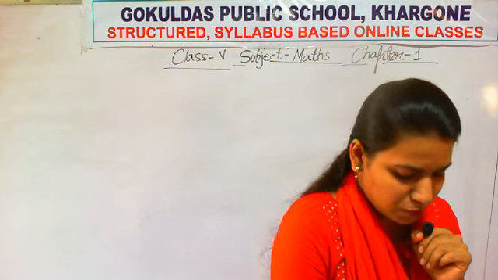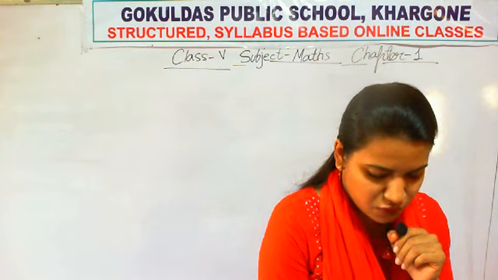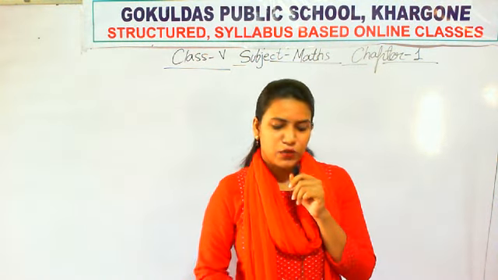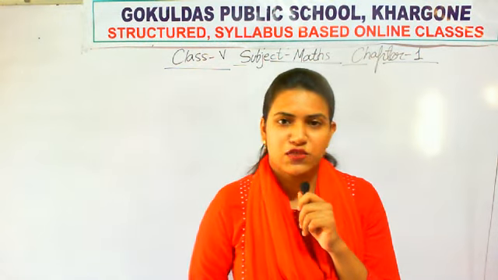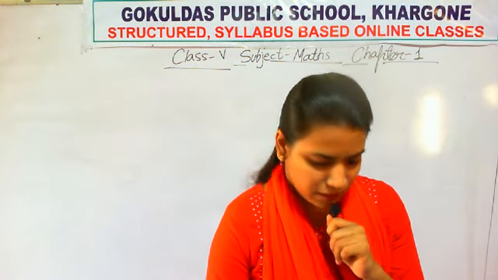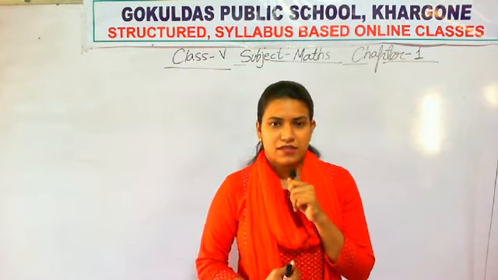Up to the last lecture we have done exercise 1.1 and exercise 1.2. And in today's class we are moving further towards exercise 1.3. Before starting the exercise, let's recall some previous concepts.